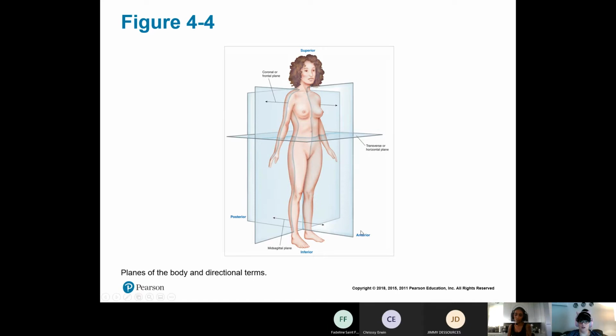Okay. And then, do you see how it's going through her? Like if she was cut into sections, like a left side and a right side, that's called the mid-sagittal.